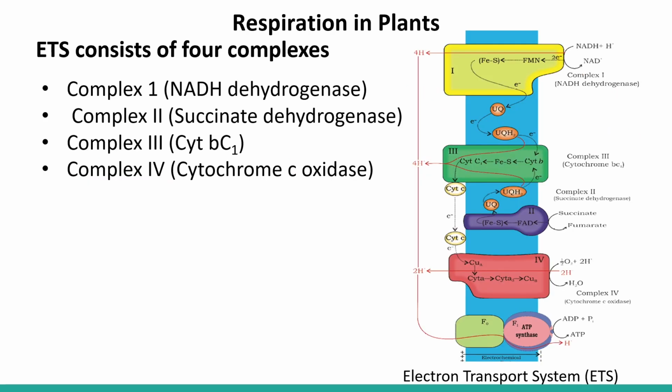So let's study the electron transport system in detail now. The electron transport system consists of 4 complexes which are present in the inner mitochondrial membrane. In this figure, you can see the inner mitochondrial membrane.